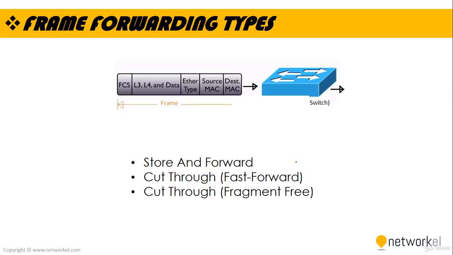In cut through fast forward, the frame is forwarded after the destination MAC address is checked, and in cut through fragment free, the frame is forwarded after 64 bytes of the frame is checked.